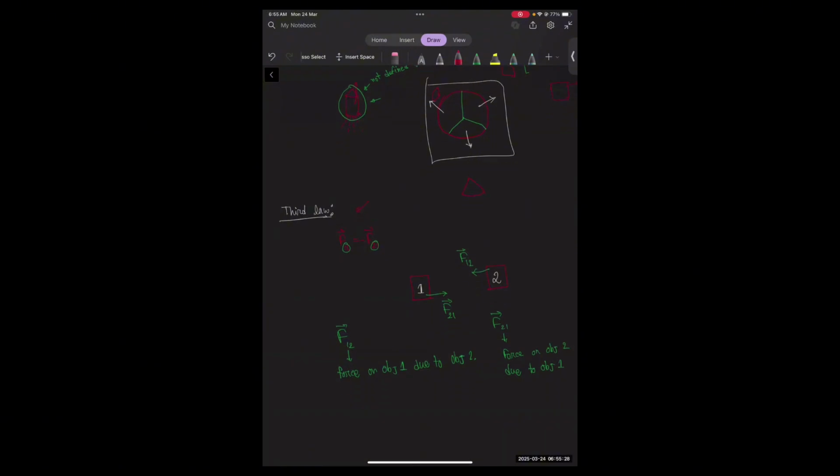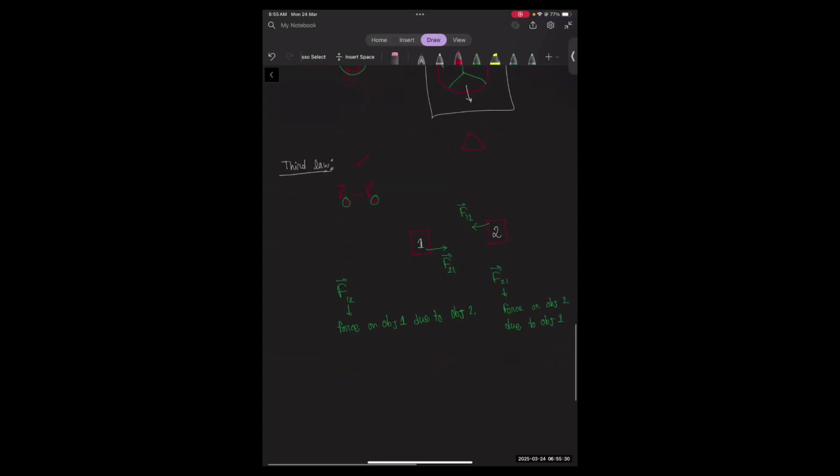Now this third law should make sense. The third law tells you that the force on object 1 due to object 2 is equal and opposite to the force on object 2 due to object 1. Why do I say equal and opposite?